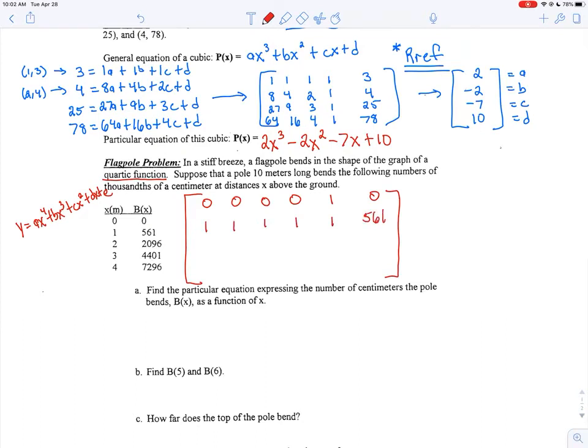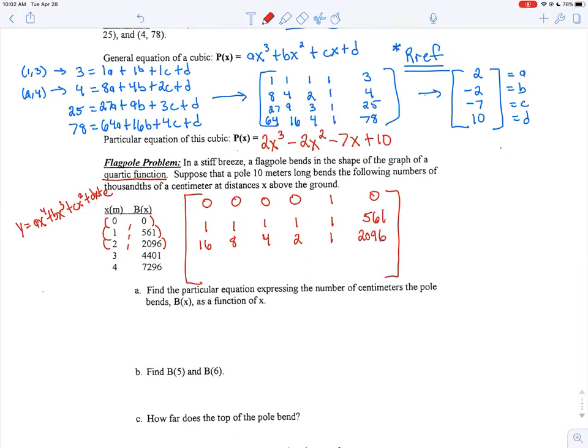For 2, 2096, right? So like I said, these are all just coordinates. So if it helps to look like that, you can do that. We got 2 to the 4th, so we're going to have 16, 2 to the 3rd is 8. Obviously squared, we got 4, 2, 1, and then 2096.